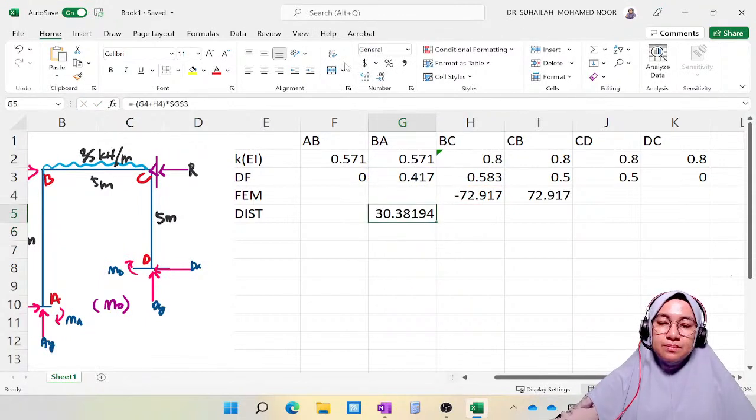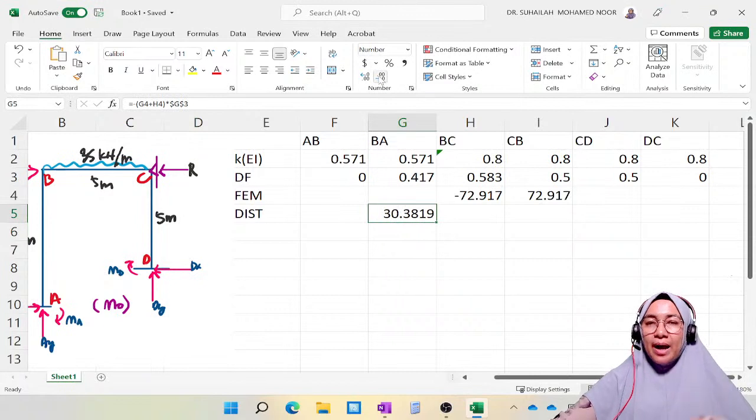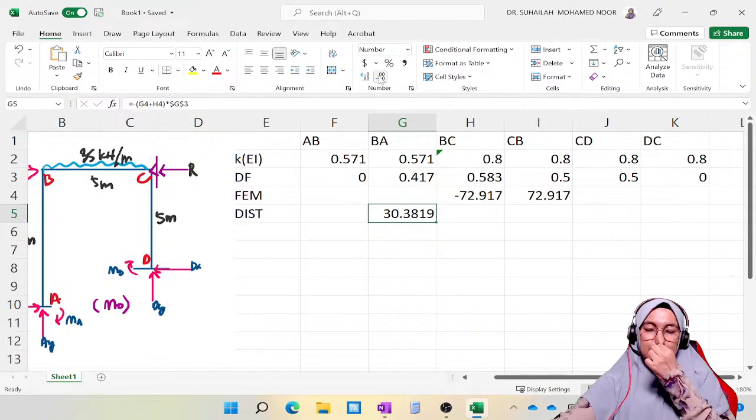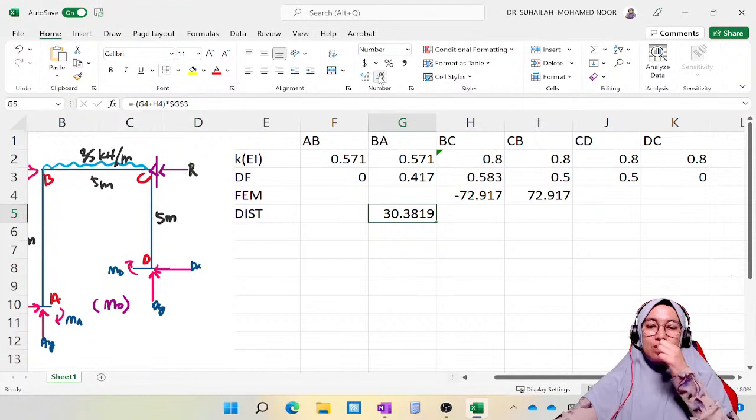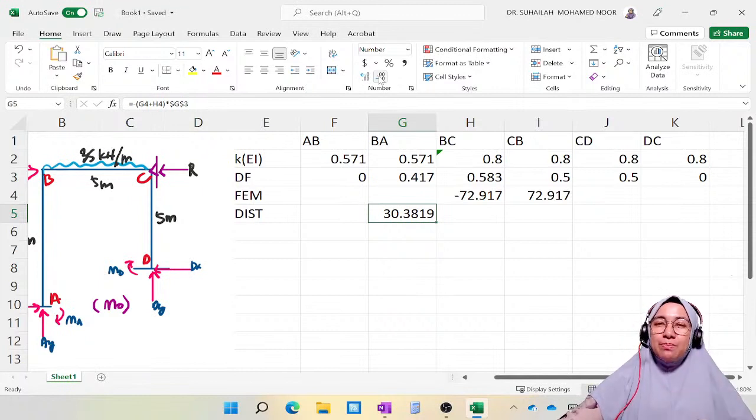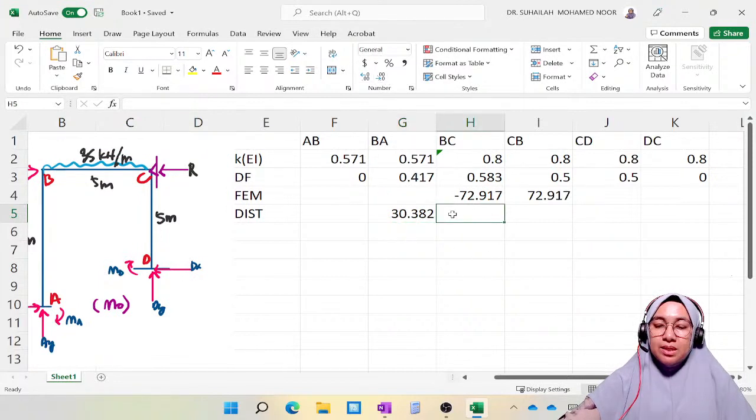I need to lock the position of the distribution factor because later, when I copy and paste the formula, the computer will still use that distribution factor value, because I have locked it. This one I reduced to 3 decimal places.